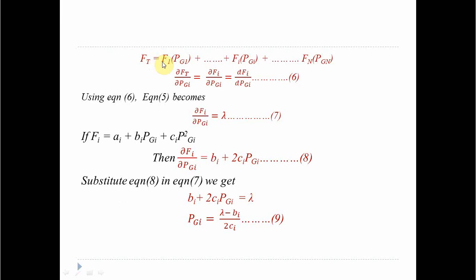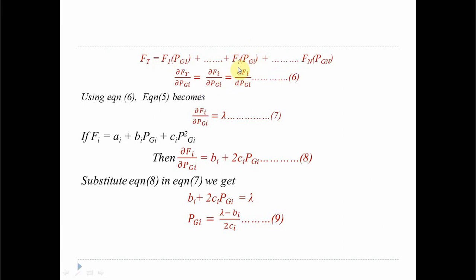So Ft is the summation of f1 plus f2 plus so on till fi, so on till fn. Now when you partially differentiate this function with respect to Pgi, f1 and fn, all these terms become 0. So the only term you will have is dou fi divided by dou Pgi.